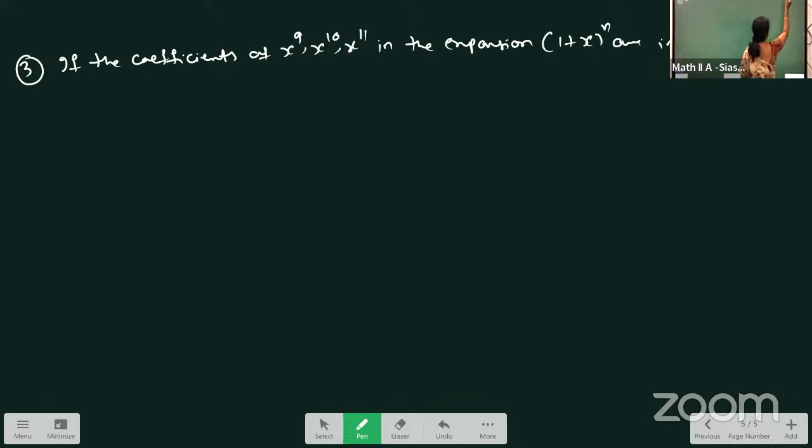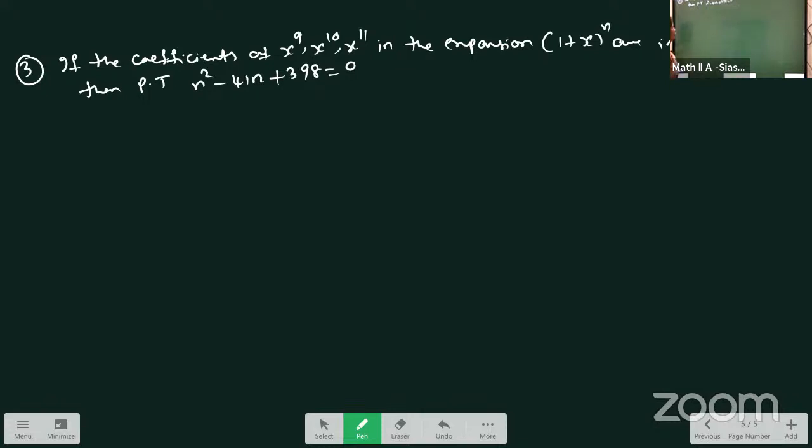AP means arithmetic progression. Then prove that n square minus 41n plus 398 is equals to 0.